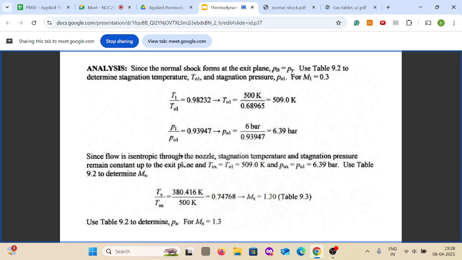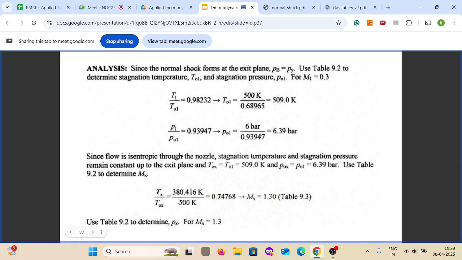Since the flow is isentropic through the nozzle, your stagnation temperature and stagnation pressure remain constant up to the exit plane. So T0x and T01 will remain the same, and pressure will remain the same. Now we need to find out the Mach number just upstream of the normal shock at the exit.